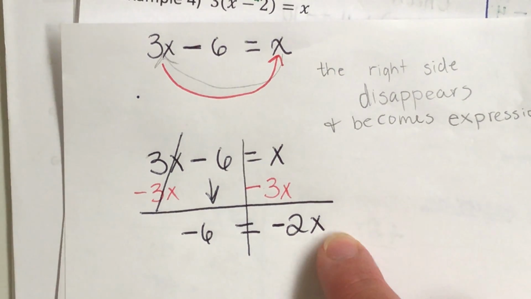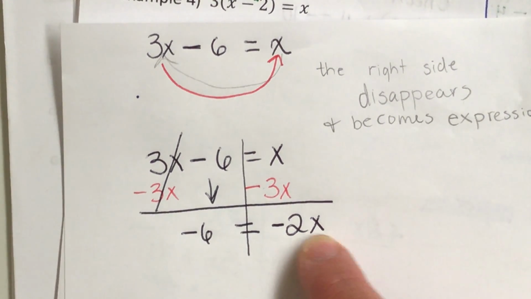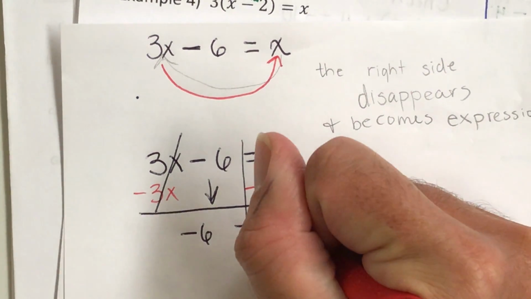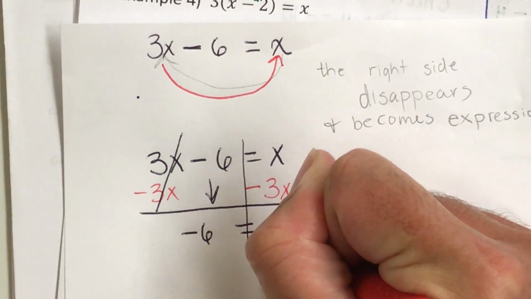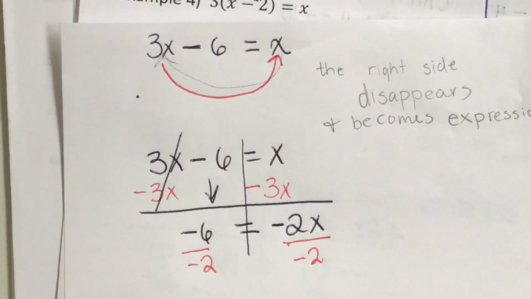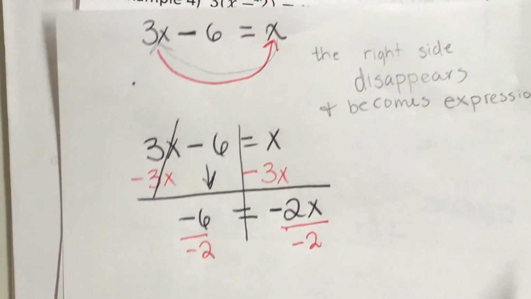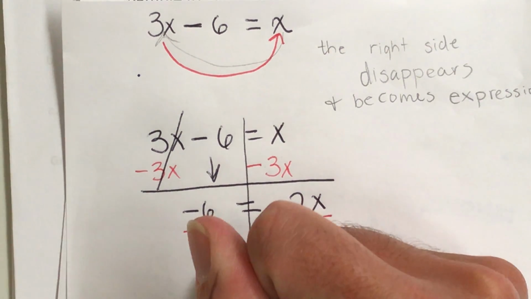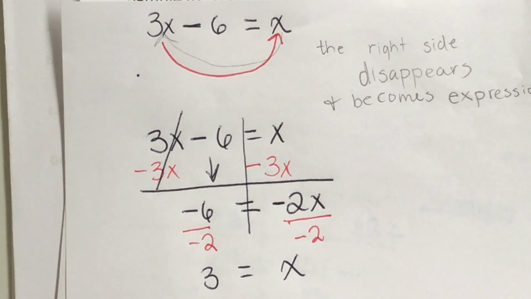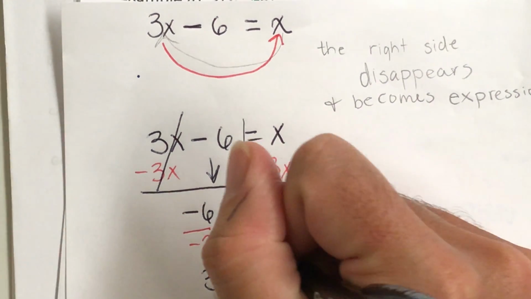So these two are glued together by multiplication. How do you undo multiplication? We divide. So we're going to divide both sides by -2. -6 divided by -2 is +3. So now we have our value for x. X is 3.